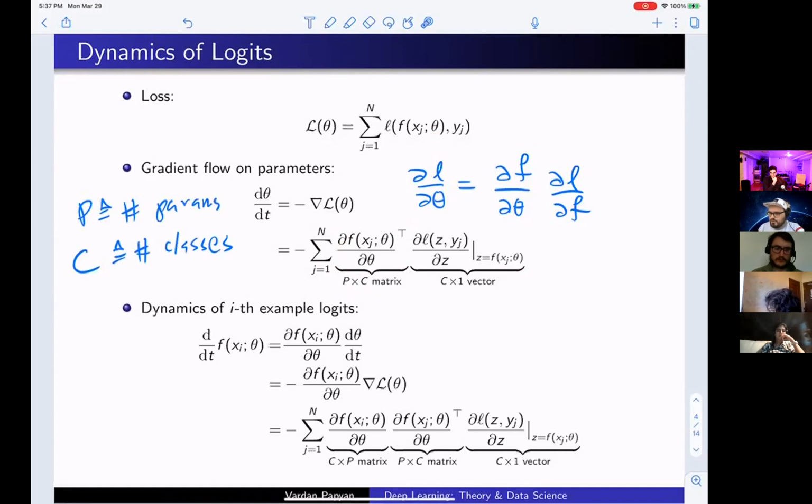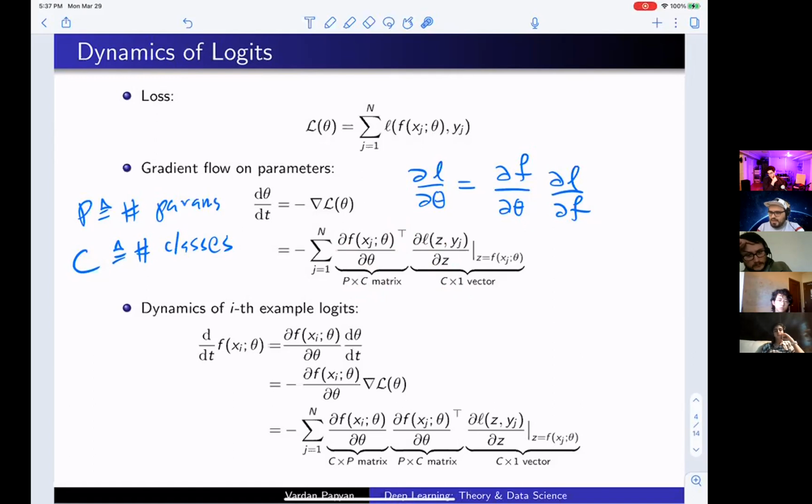By convention, if there is no transpose, df/dtheta is going to be C by P, but because of the transpose, it's P by C. The derivative of the loss with respect to z is simply a C by 1 vector. It's the derivative of the loss with respect to the logits.